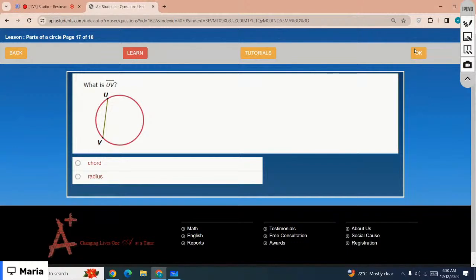What is UV, which is the correct option? UV is the chord on the circle.